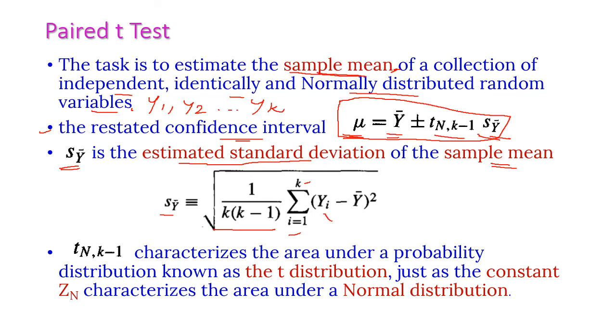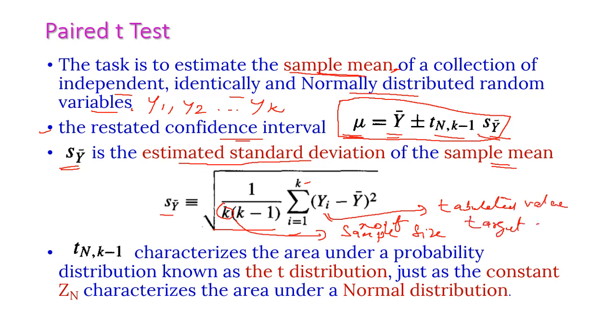Here k is nothing but the sample size, that is the number of samples. And yi is nothing but the tabulated value or target output, and this y bar is nothing but the calculated output.